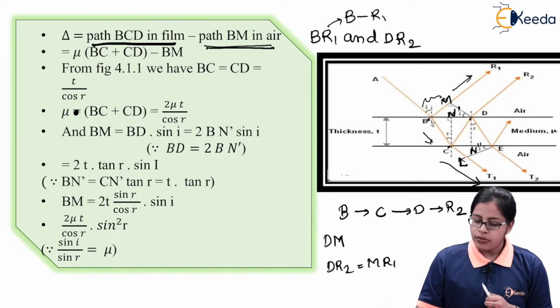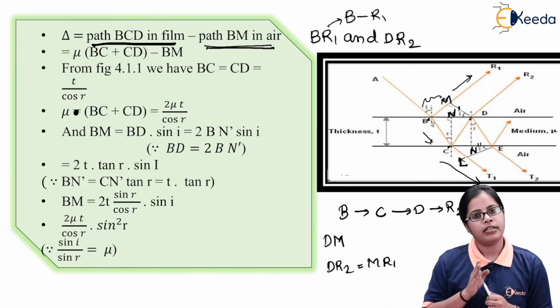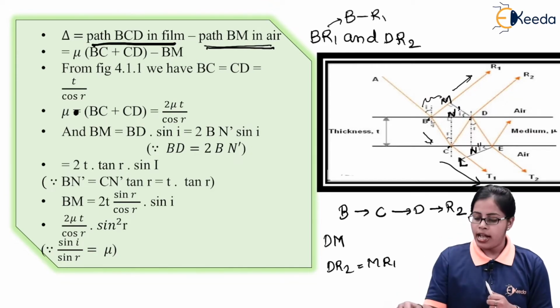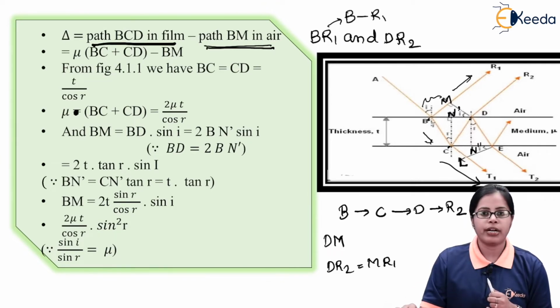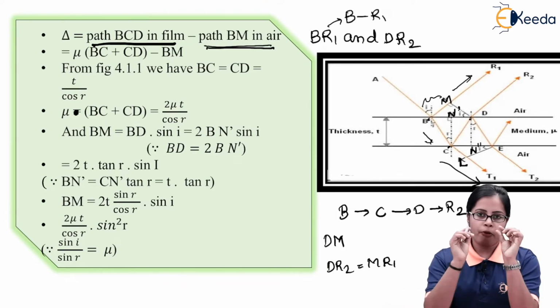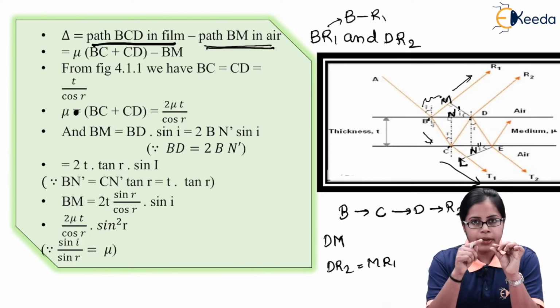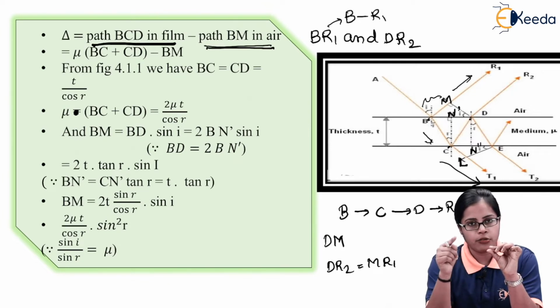So path BM is small. But when you talk about DR2, after point D, DR2 is of equal length as compared to MR1. But when you look at point D, the rays are actually coming from B. So from point B, there are two rays getting emitted: one is BR1 and the other one is BC, CD and R2.